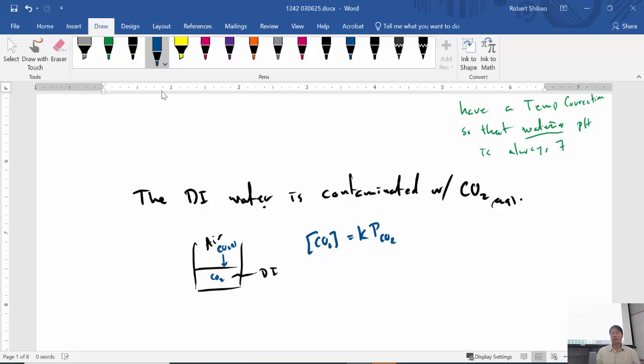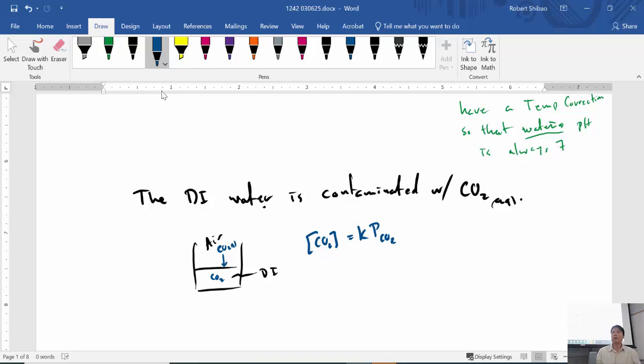And we know that CO2 reacts with water in a Lewis acid-base reaction. Could you draw the mechanism of the Lewis acid-base reaction of CO2 and water for me? Let's say I asked you on a test, would you be able to do that? Yeah?